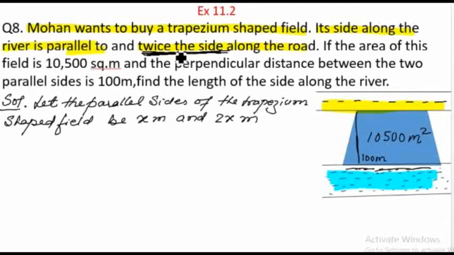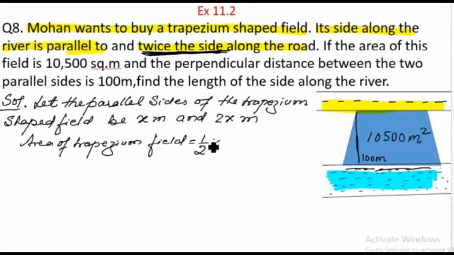If one is x, another is 2x. Now we are going to use the formula. Area of trapezium field is equal to 1 by 2 into sum of parallel sides. Here the parallel sides are x plus 2x, into height 100 meter.